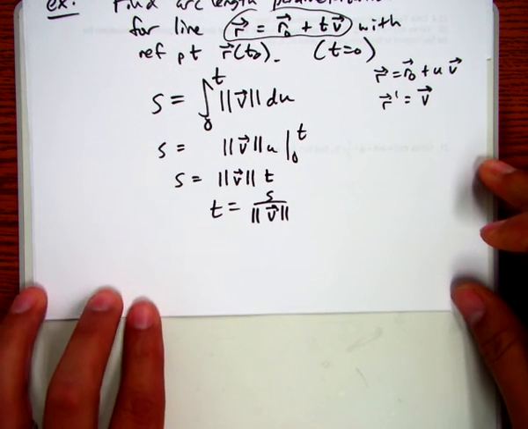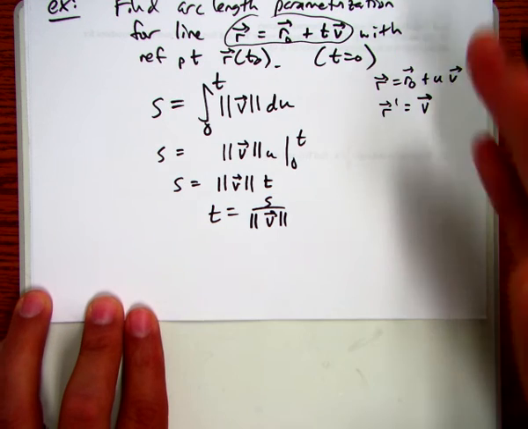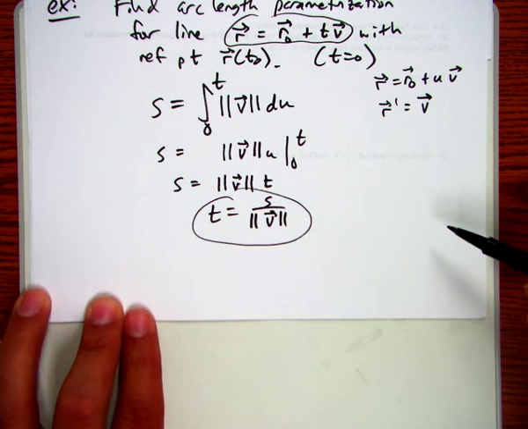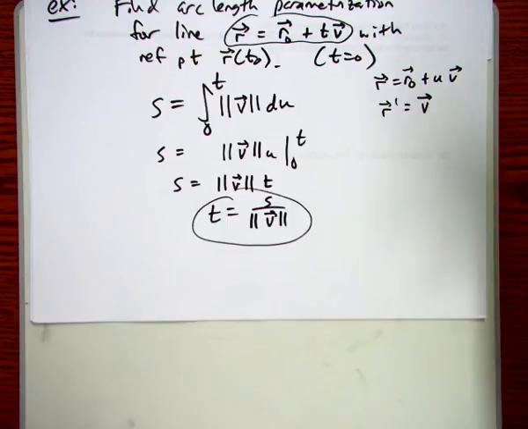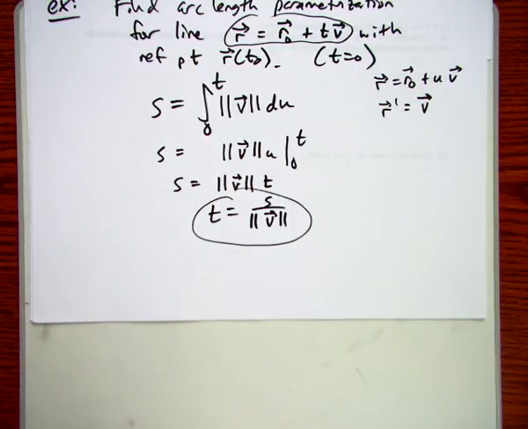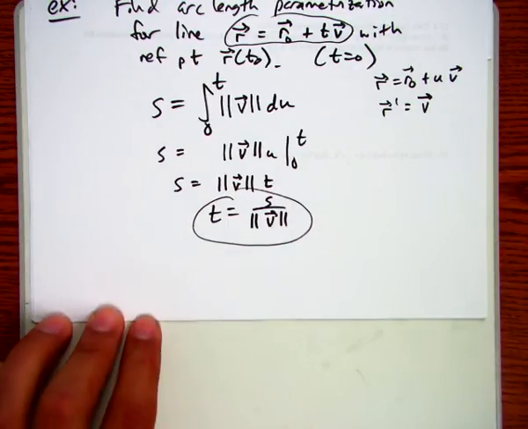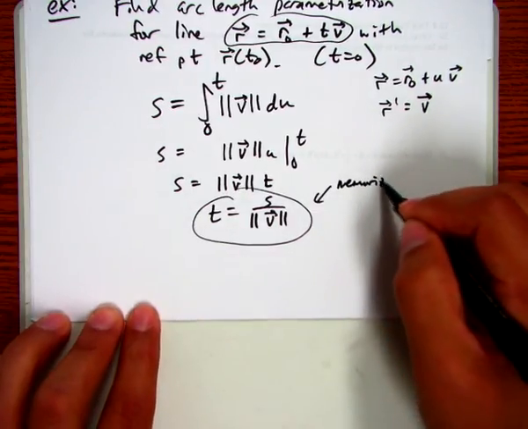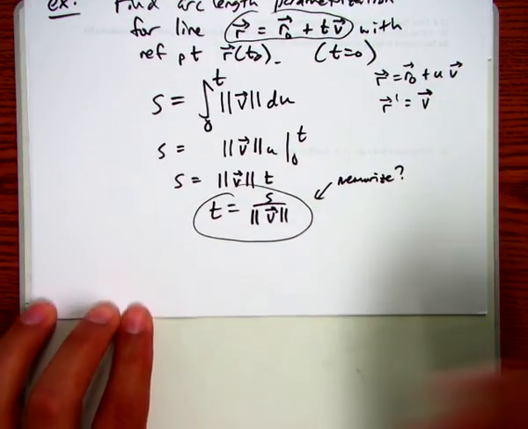So for any line, that's kind of why I did it this way. You can either memorize, this is the way to go, or you can kind of do what we did in the previous example. Just go ahead and take the line, figure out piece by piece, and then plug everything in. But maybe you can memorize this. I don't know. It's not too bad. You'll see this quite a bit.